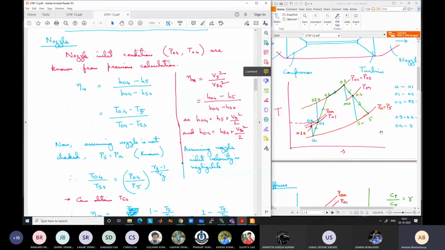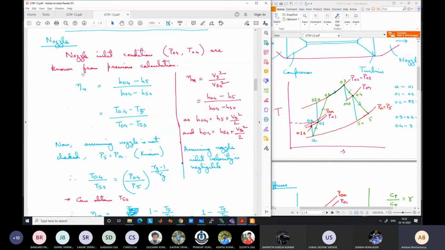So let us consider that the nozzle is not choked, meaning this is a subsonic nozzle, a simple convergent nozzle, not a convergent-divergent type of nozzle, and the convergent nozzle is not choked. In that case the outlet pressure is equal to atmospheric pressure PA, which is known to us because that is equal to the inlet pressure PA. So P5 is equal to PA.